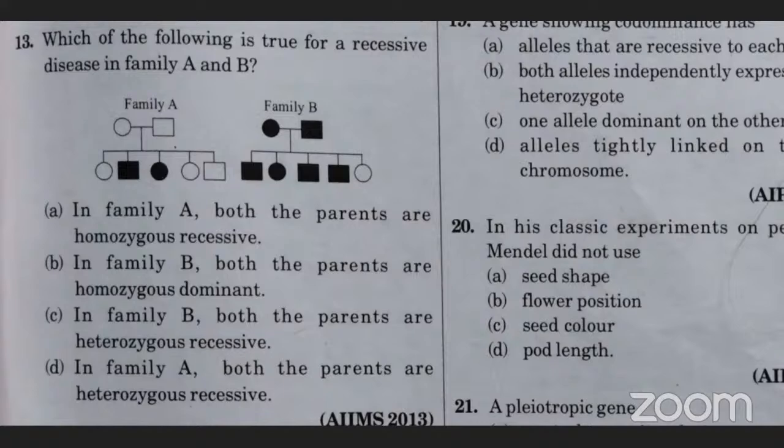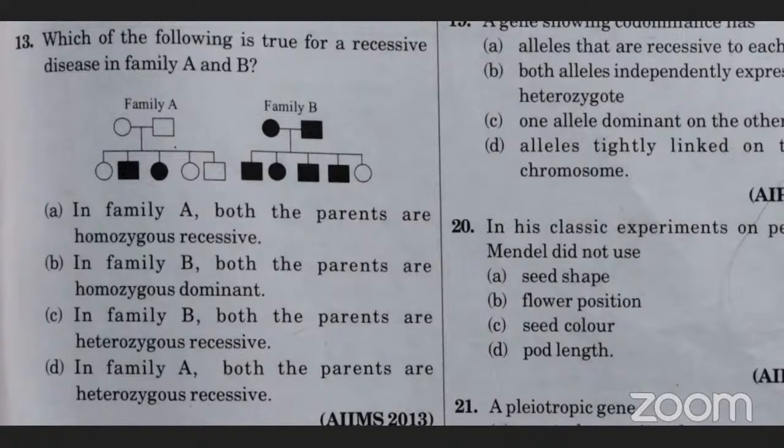Which of the following is true for the recessive gene in families A and B? Just find the answer, ma'am. Option A: in family A, both parents are homozygous recessive. Option B: in family B, both parents are homozygous dominant. Option C: in family B, both parents are heterozygous recessive.